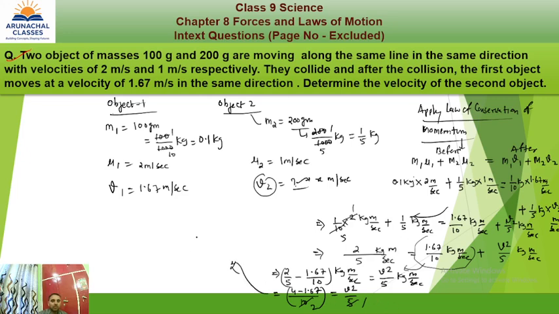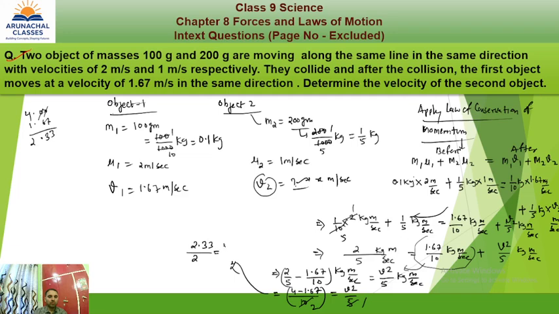Here it is 4 minus 1.67, which is 2.33, divided by 2.